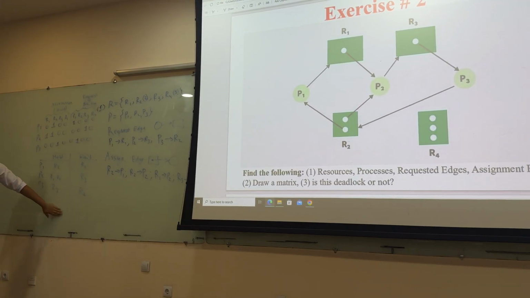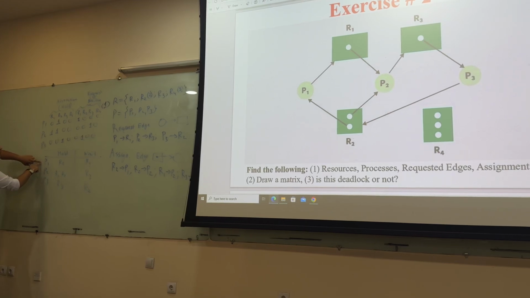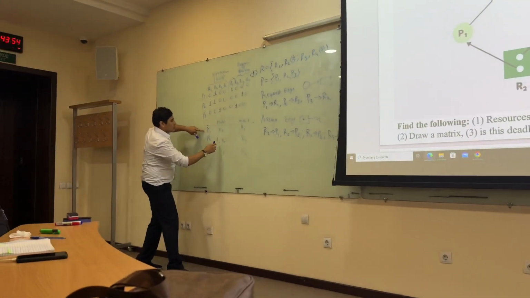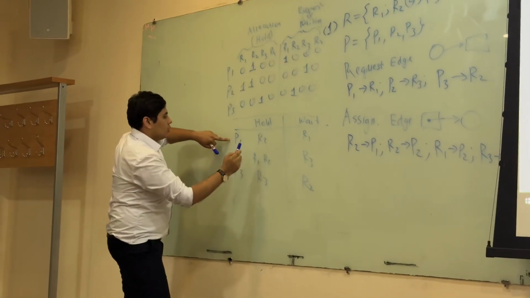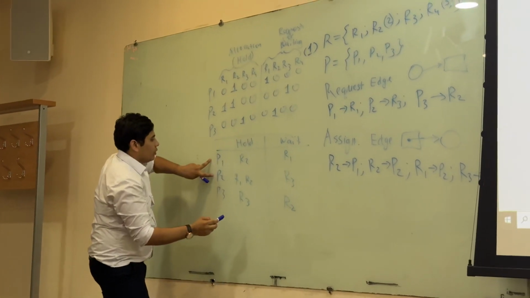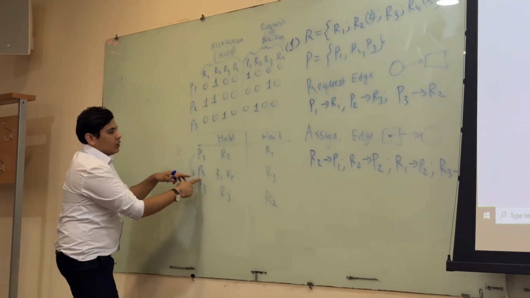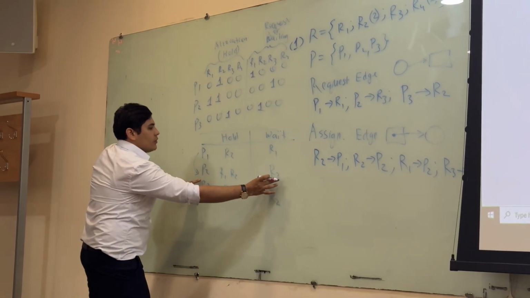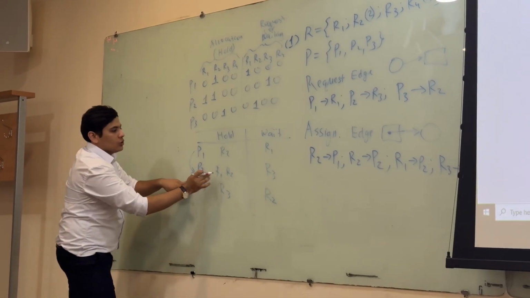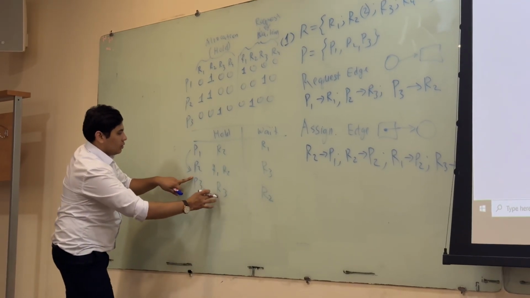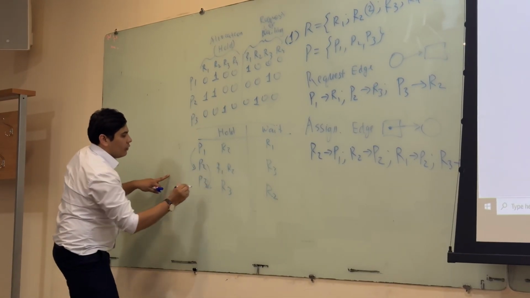In order to get executed, P1 needs R1, and R1 is held by P2. So P1 is waiting for P2. P2 needs R3 to get executed, and R3 is held by P3, so P2 is waiting for P3.